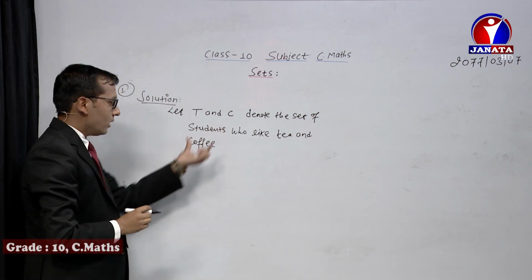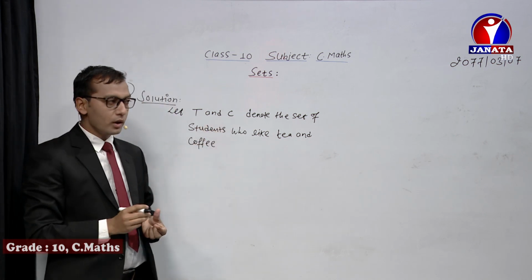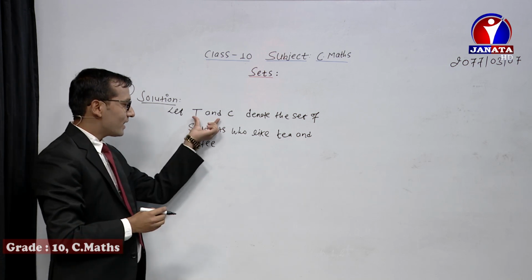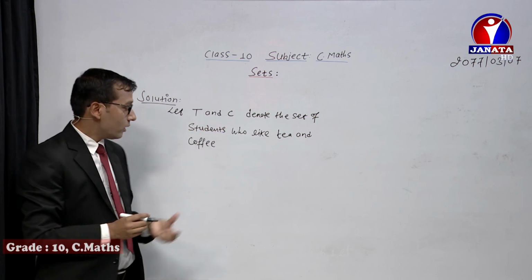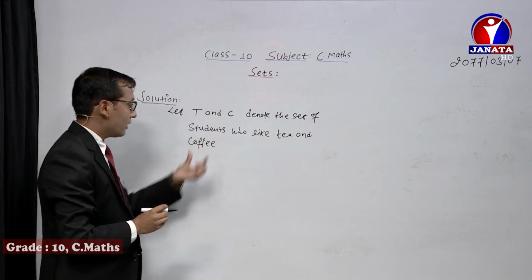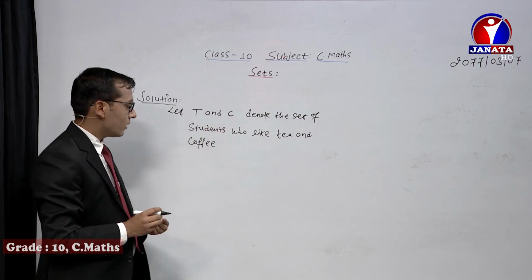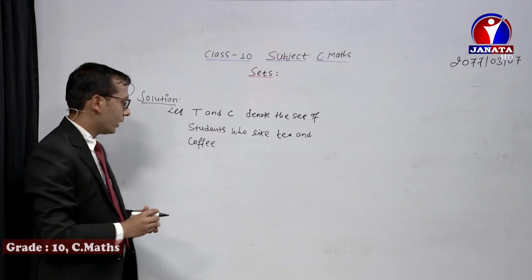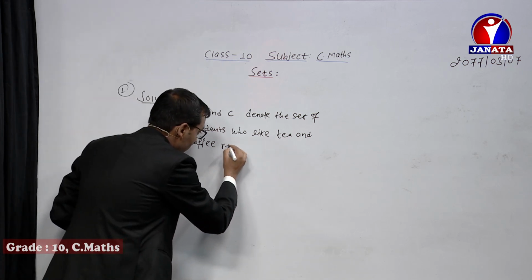At the beginning of the solution, we suppose what T is and what C is. So here T is the set of students who like tea, and capital C is the set of students who like coffee, respectively.